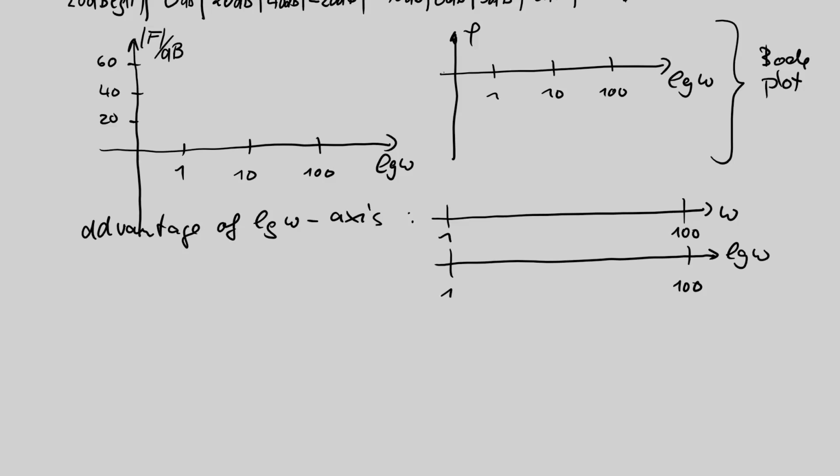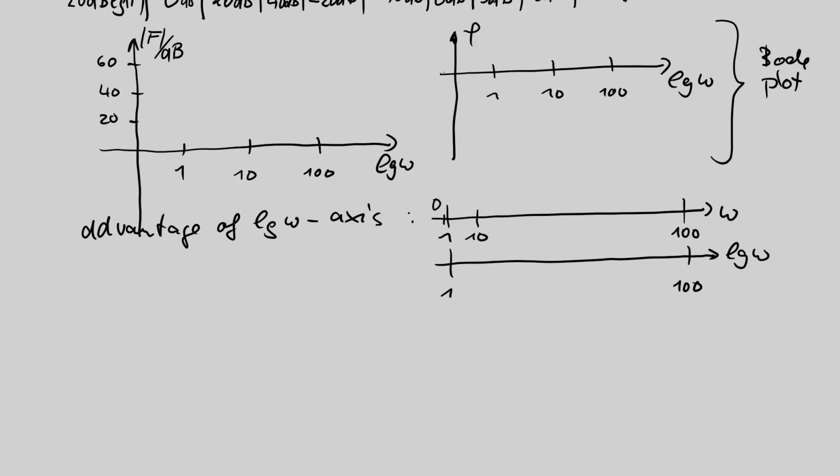Where is 10? If this is 1 and this is 100, in linear scaling, we can say this is 0, and 10 is then 1/10 of this distance.